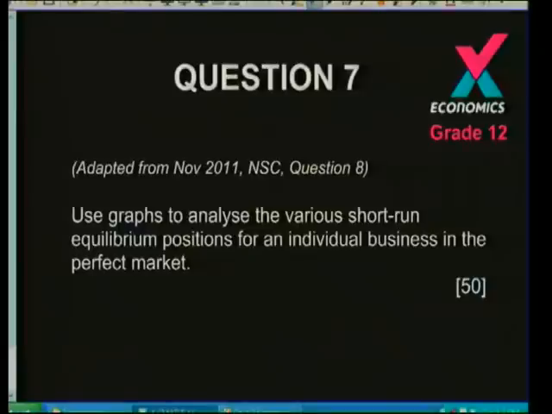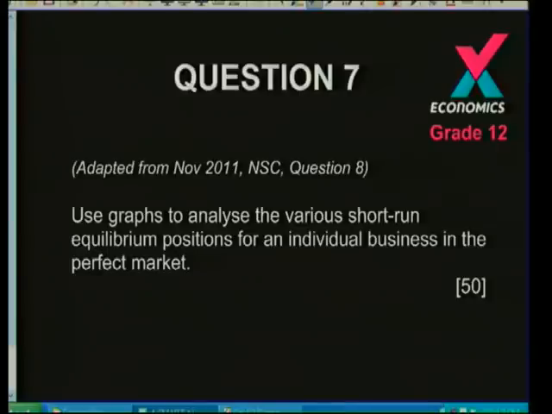Welcome back. We're now going to look at question 7, which is the essay on microeconomics. Question 7. Use graphs to analyze the various short-run equilibrium positions for an individual business in the perfect market.